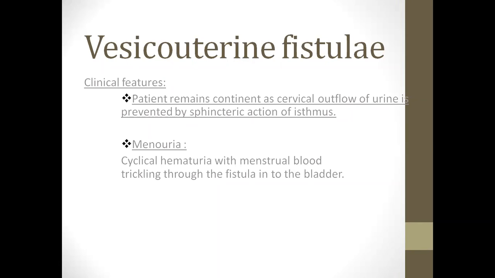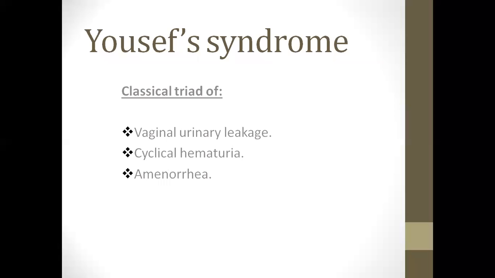That is the passing of blood in the urine during menstrual cycles; that is called menouria. Youssef's syndrome: the classical triad of vaginal urinary leakage, cyclical hematuria, and amenorrhea. These three constitute a triad that is called Youssef's syndrome.